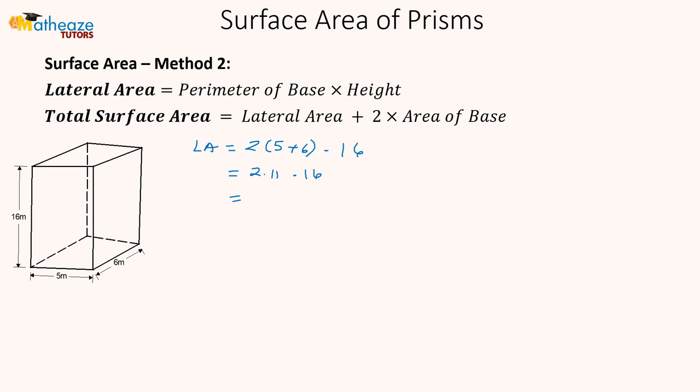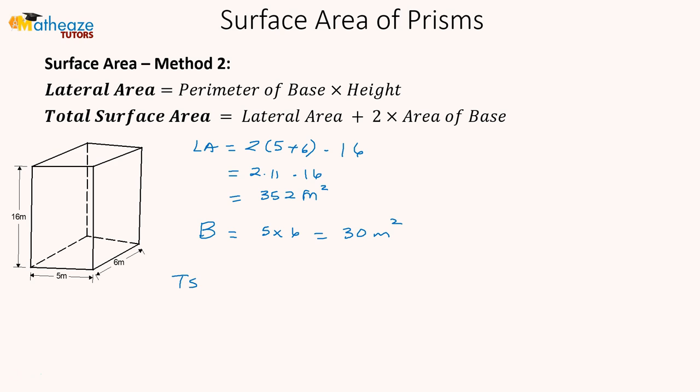So this is going to give us 352 square meters. And then we need to find the area of the base, call that uppercase B. The area of the base is 5 times 6, which is equal to 30 square meters.